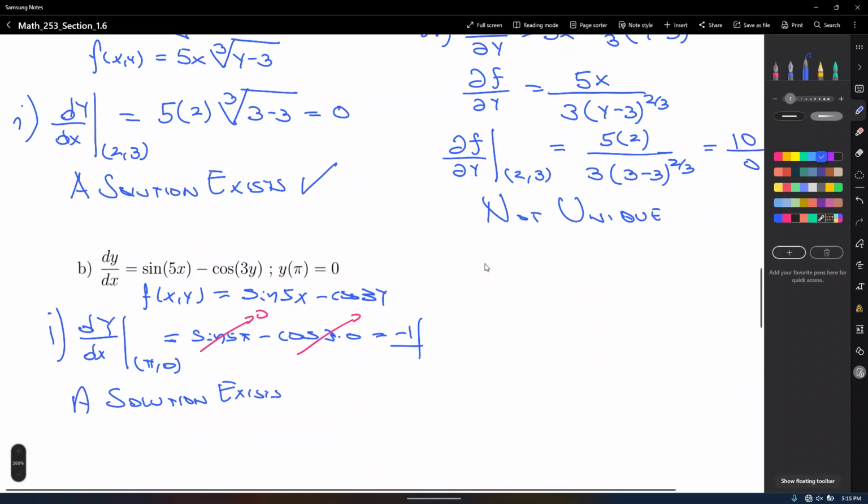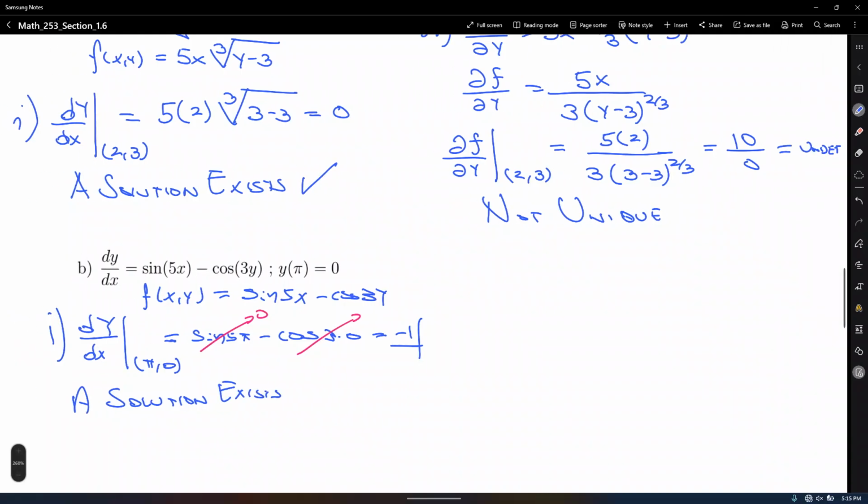All right, now the question here is: is that solution unique? So for part two, we need to take the partial derivative of this function with respect to y, not x. The sine of 5x term is going to go to 0, because it depends only on x. If we're differentiating with respect to y, anything containing x is constant.